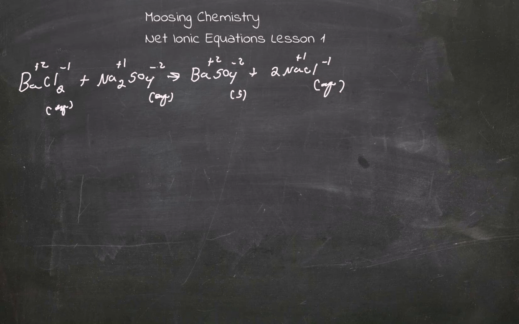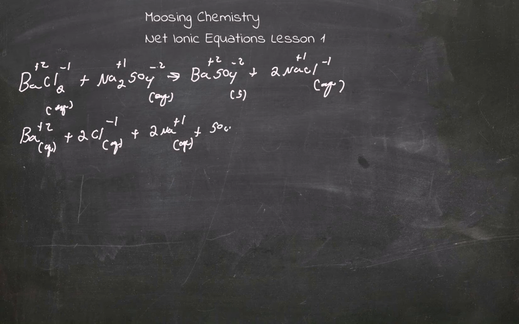So let's do what we call an ionic equation. So we go Ba plus 2 AQ plus 2Cl minus 1 AQ plus 2Na plus 1 AQ. See how easy this is? Plus SO4 minus 2 AQ.